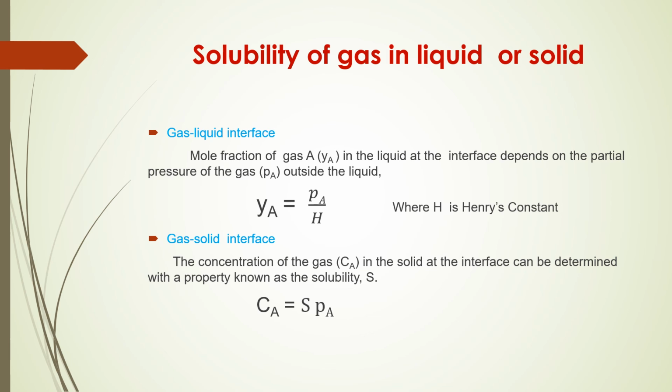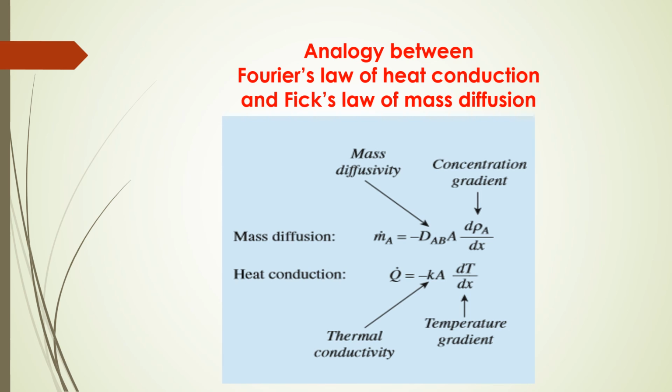In the case of a gas-solid interface, the concentration of gas A, CA, can be calculated from the partial pressure of that gas and the solubility of that gas in that solid. So CA equal to S into PA. The solubility values and Henry's constant values are available in the data book.